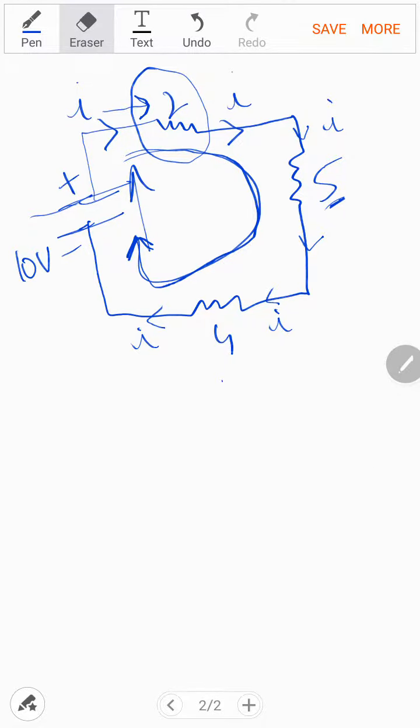So let's begin to solve the circuit. Say here we are moving at the voltage source of 10 volts from negative to positive, if we move in the clockwise direction. So we will take this as plus 10 volts.